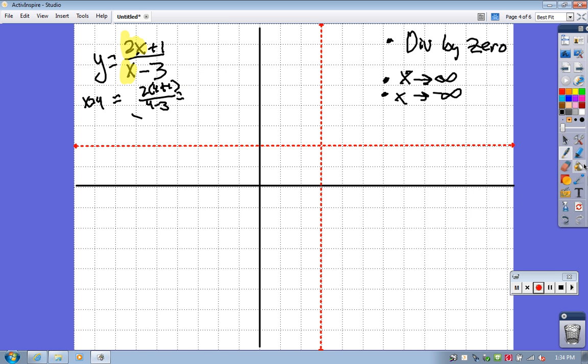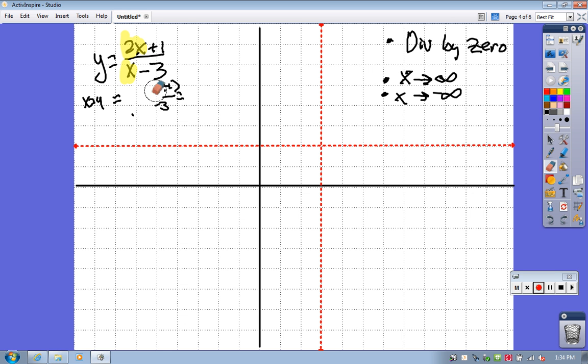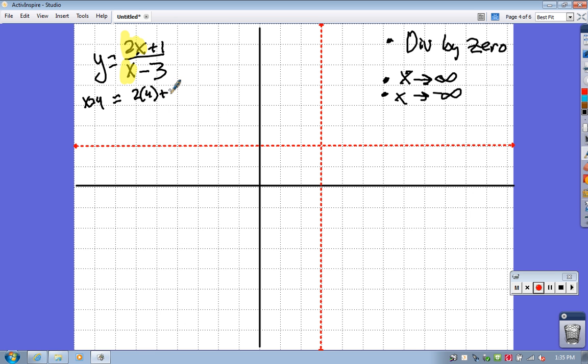Well, that was written wrong. It must be the day after the 4th of July. 2 times 4 plus 1 over 4 minus 3. 8 plus 1 is 9. Oh, wow. When x is 4, this is up at 9. 1, 2, 3, 4, 5, 6. So it's way up here somewhere.